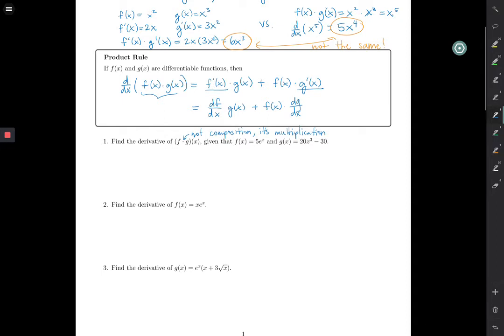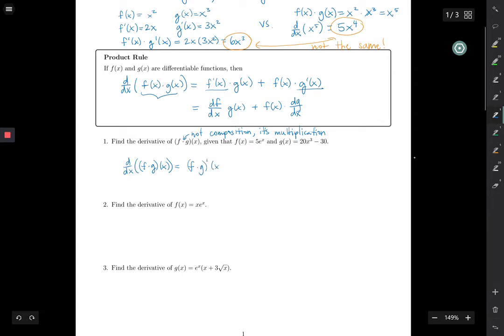So we just want to apply the product rule. So the derivative of f times g of x, if you want to write this with prime notation, I would write it f times g prime of x.